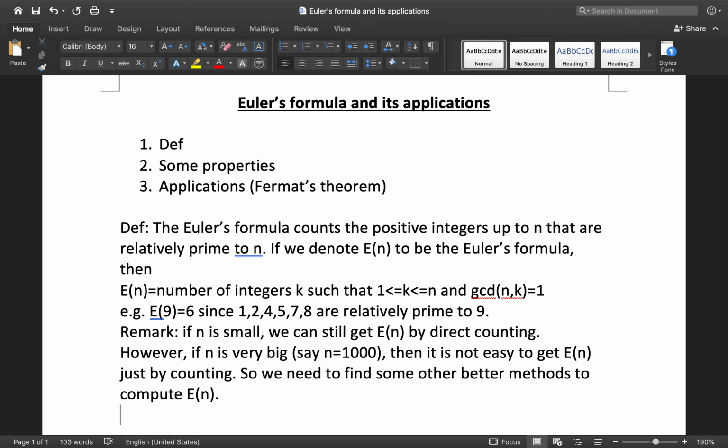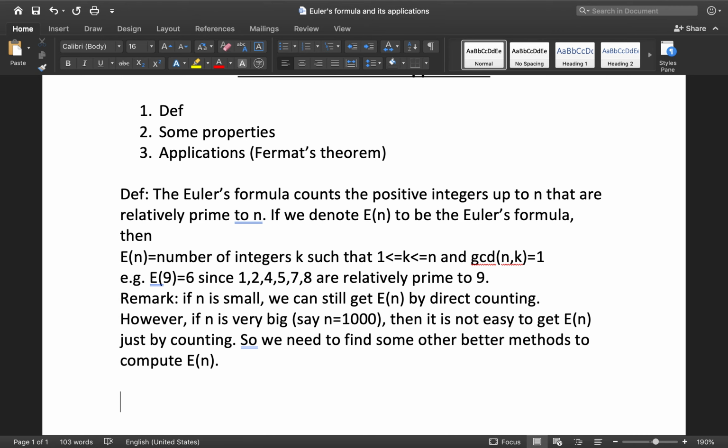Now before we can get some other methods, I have to give you some basic facts for the Euler's formula.